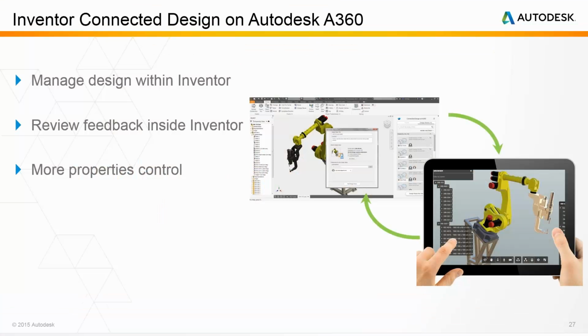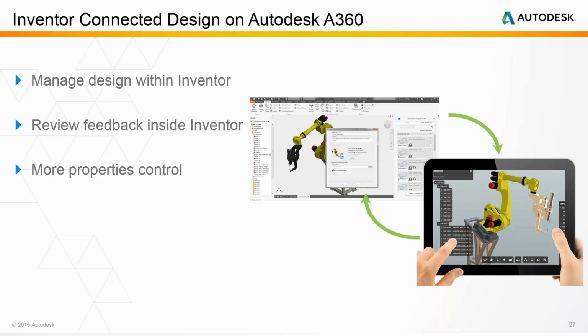So inside of Inventor, we now have what's called Inventor Connected Design, which leverages Autodesk A360. You will have seen the addition of Inventor Connected Design in one of the 2016 mid-cycle releases, but what you're finding is, again, incremental improvements to that workflow to highlight the value to you as a designer or engineer in using these tools as part of your workflow.